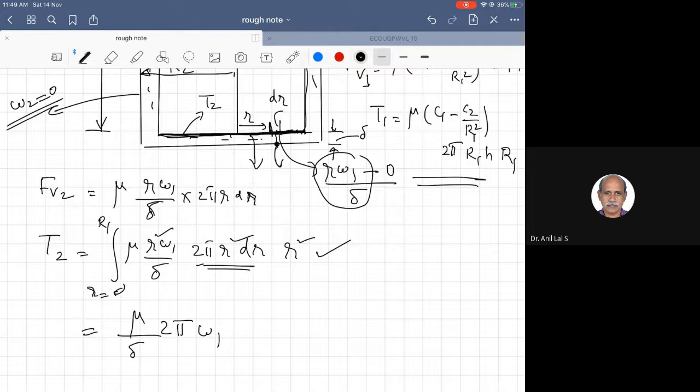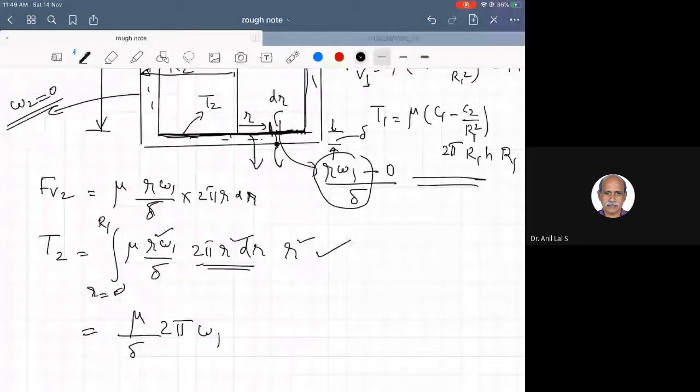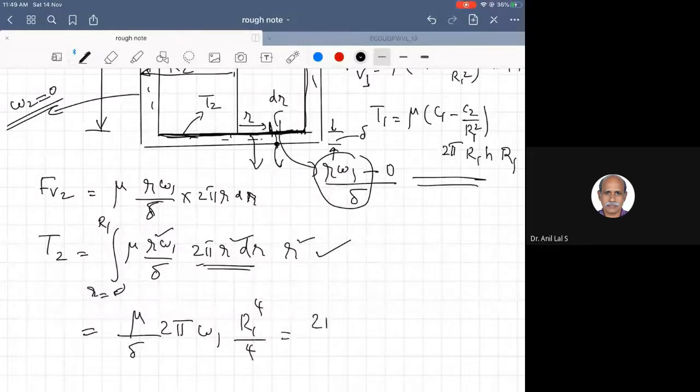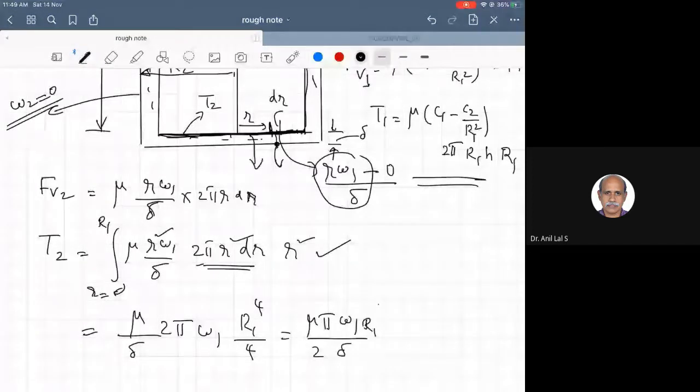Then the remaining r cubed becomes r raised to 4 by 4, that is R1 raised to 4 by 4. The 2 cancels, so mu pi omega 1 by 2 delta R1 raised to 4.